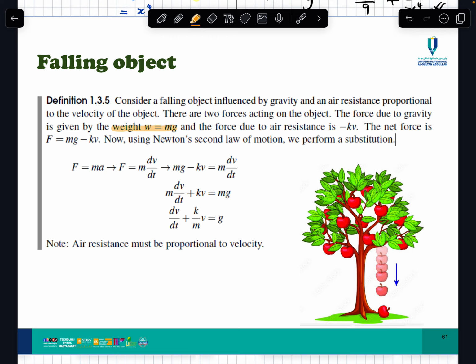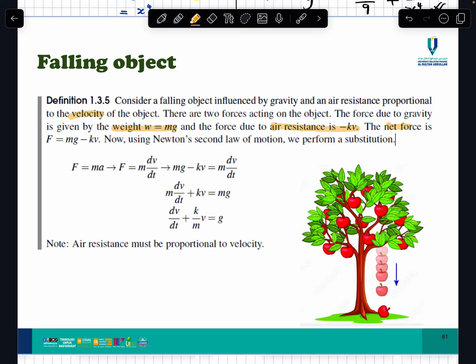The second force is air resistance, where the direction will push upward. So this force opposes motion. It is proportional to the velocity. So air resistance is kV. Okay, the negative sign represents the direction, the negative direction.